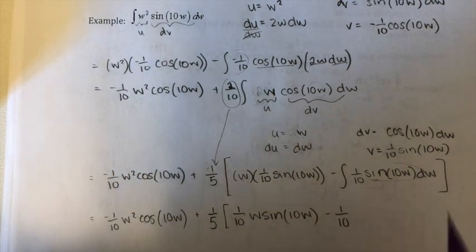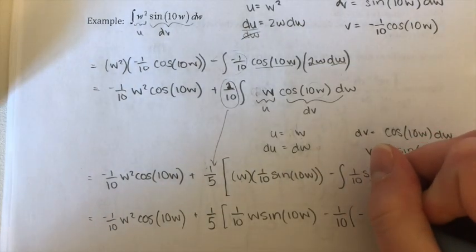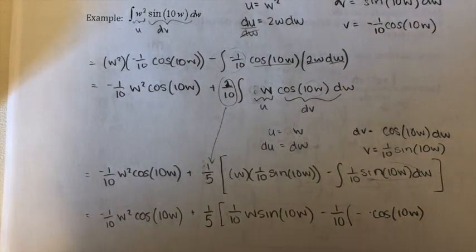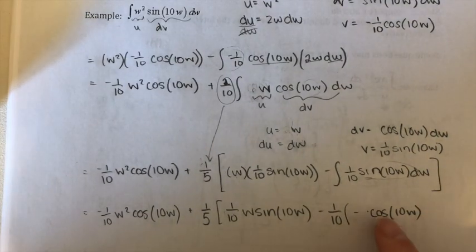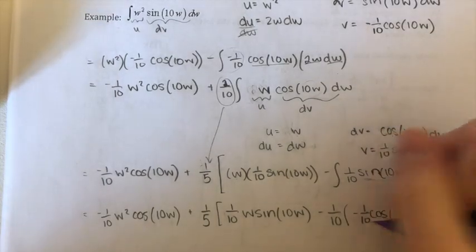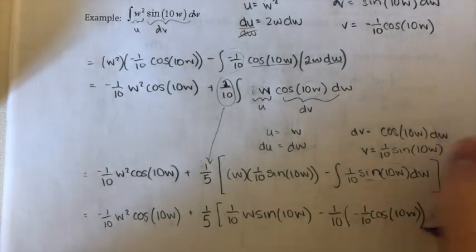So the antiderivative of sine is a negative cos of that thing. And then remember, if we work backwards, if we do the derivative of this trying to get here, there must have been another 1/10 in front there because of the chain rule.